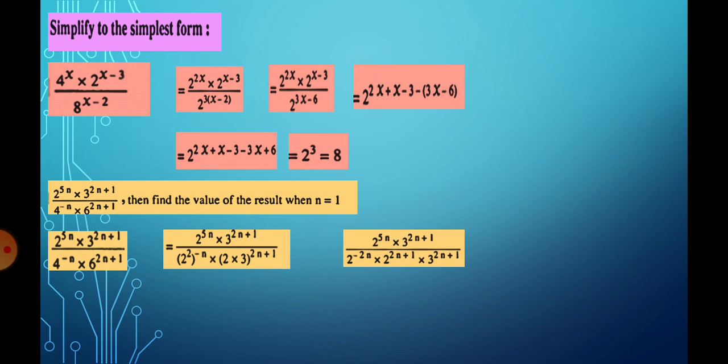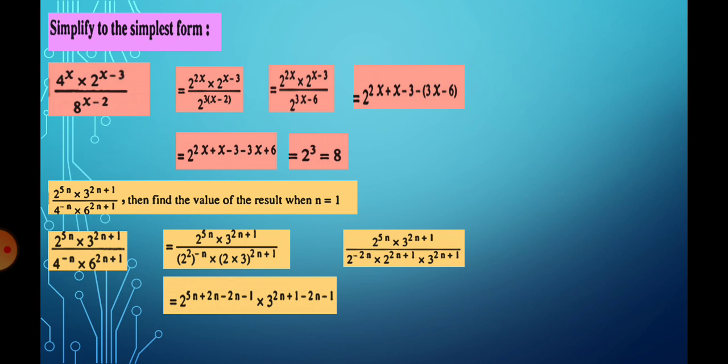The numerator we drop as it is, 2 to the power 5n times 3 to the power 2n plus 1 over 2 to the power negative 2n times 2 to the power 2n plus 1 times 3 to the power 2n plus 1. Here we write 2 to the power 5n minus open bracket negative 2n plus 2n plus 1.